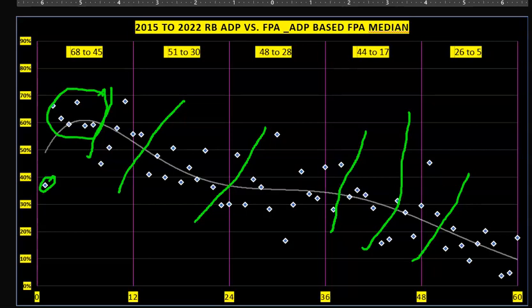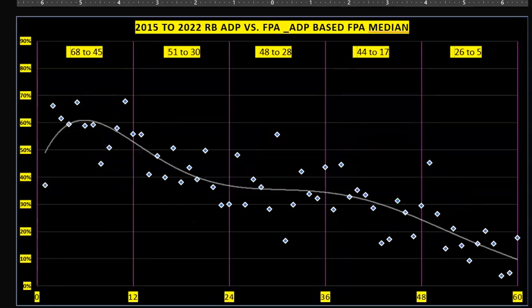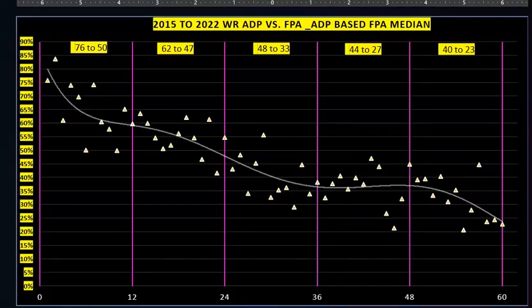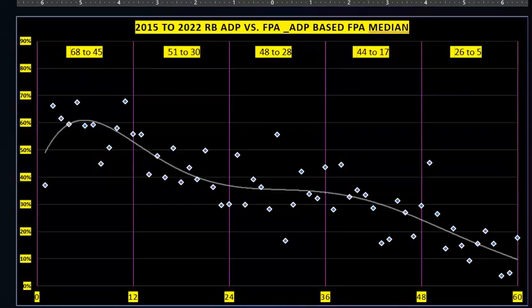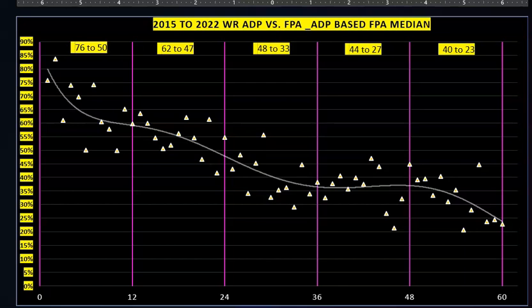So if you want to know where the surprise is, it's the RB2s. Look at WR: 62, 47, 50 to 30. Running backs as RB2s give you the best case scenario that is the worst case for wide receivers.